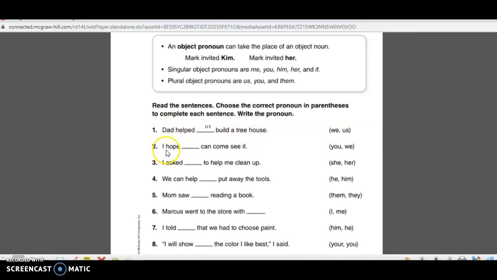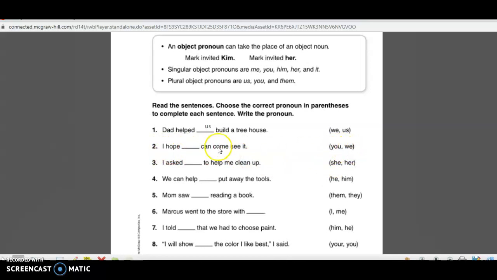In our next sentence, we have, I hope either you or we can come see it. Now remember, we replaces the subject. I right here is our subject. We're not replacing the subject. We're replacing an object noun that's part of the predicate. So I hope it should be you.